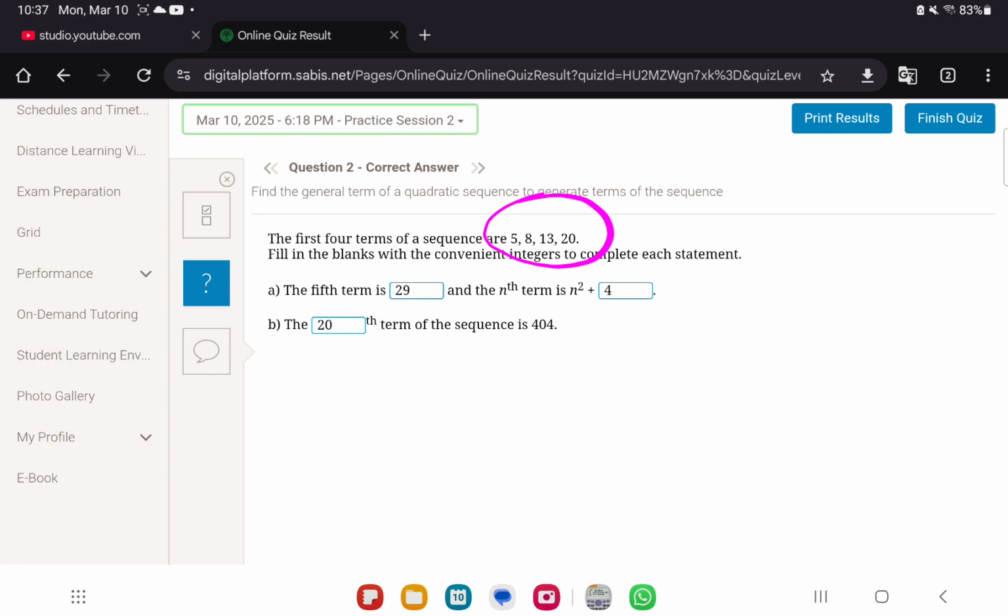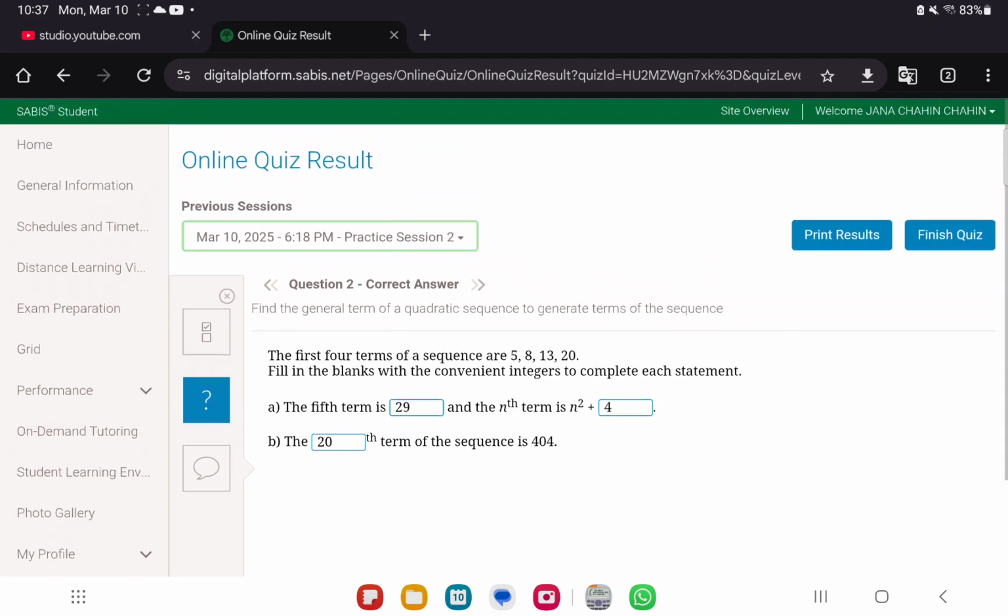So how do you know if a sequence is quadratic or any of those? First, let me write down the numbers they give us: 5, 8, 13, and 20.